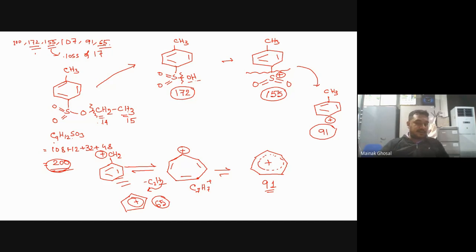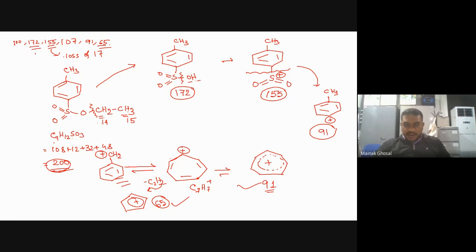In some cases, if you lose another 2 carbons, you will end up with a cyclopropenyl ring, only 3 carbons, but that is very rarely observed. Generally, these 2 are mainly observed: the tropylium cation and the cyclopentadienyl cation.